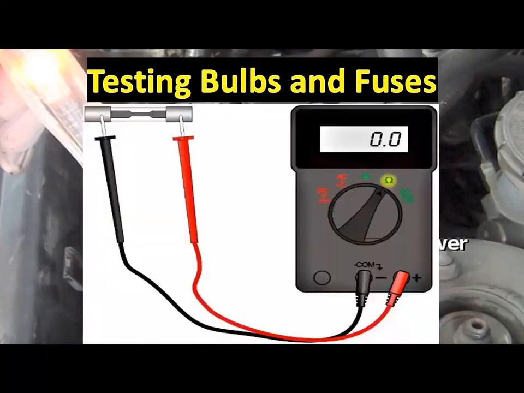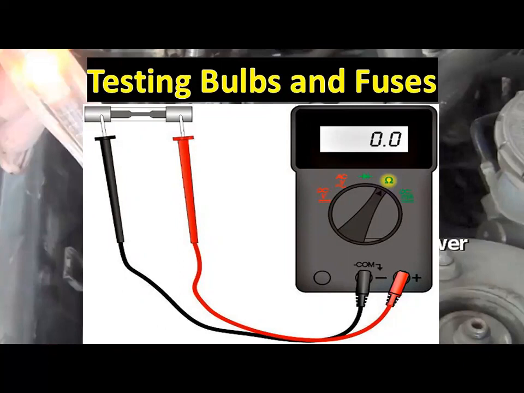Or you can use an ohmmeter or multimeter to test the continuity, or rather the resistance, of the fuse or the bulbs that we're going to test. So bulbs and fuses may be tested with an ohmmeter. However, a quick visual often points out faulty bulbs easily.